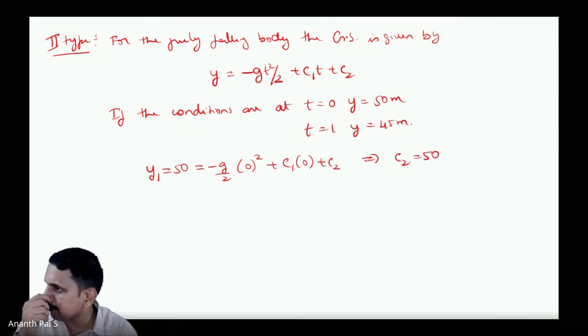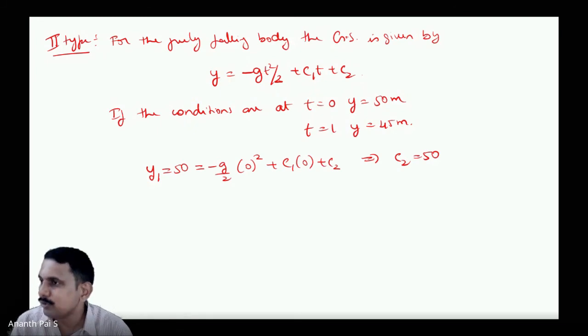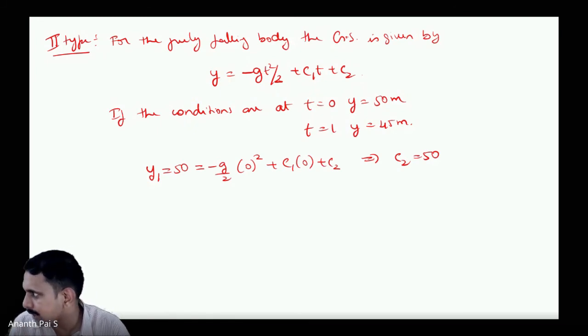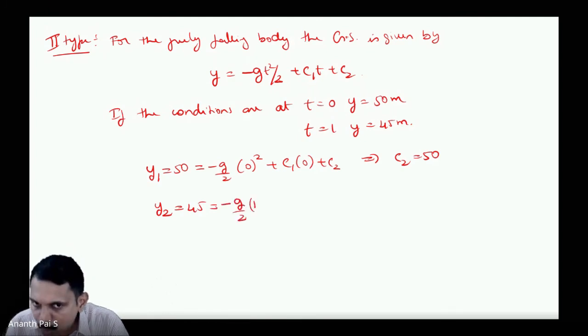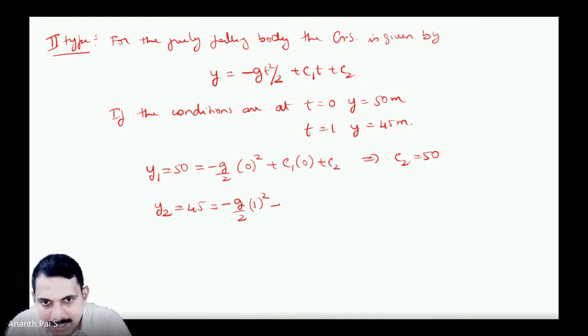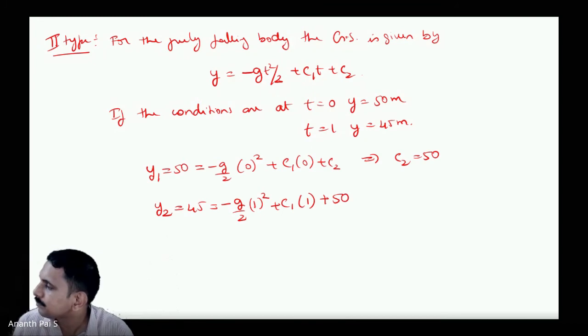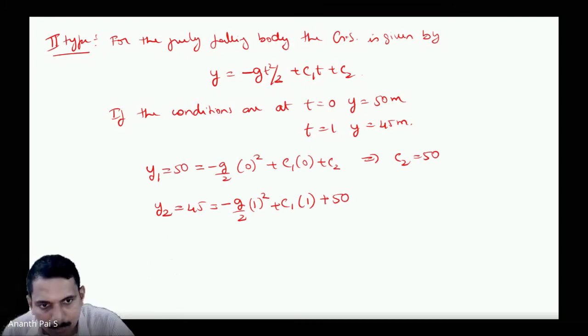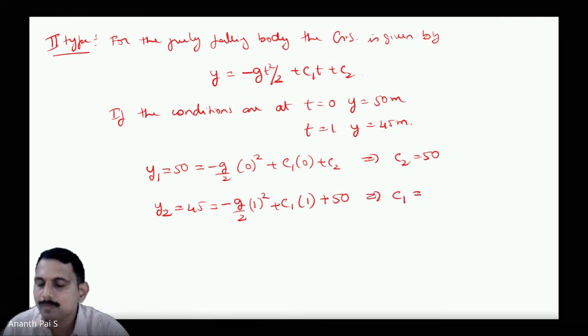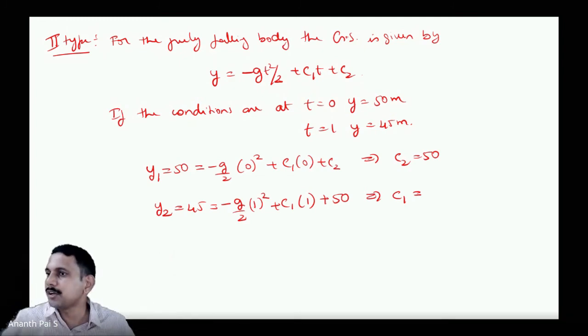Then y2 is equal to 45, that is equal to minus g by 2 into 1 square plus c1 into 1 plus c2, which is known as 50. So using this, can I find c1? Yes, we can find c1. Tell me what is c1. And then I get the particular solution.